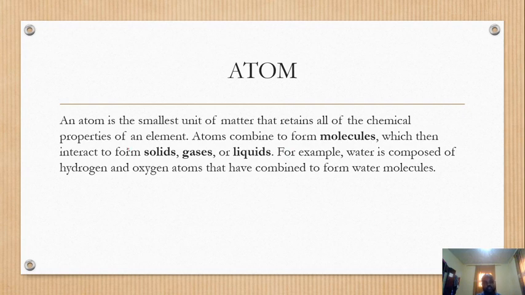For example, water is composed of hydrogen and oxygen atoms, right? Water is a molecule formed when atoms have combined. We combine oxygen and hydrogen to form water molecules, right? Water molecules.